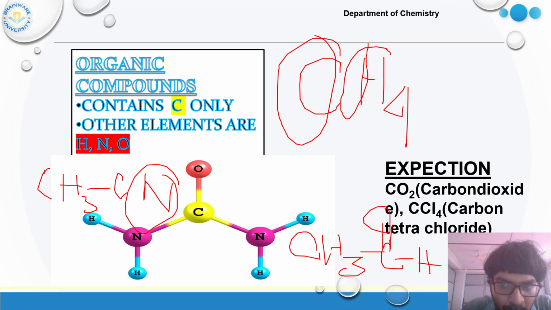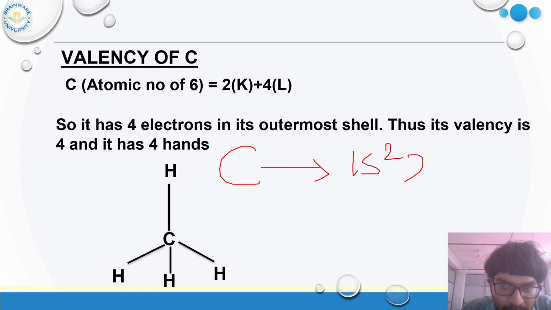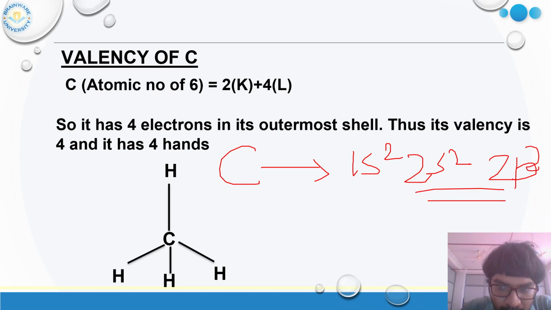Now we will have to know about the valency of carbon. Just look at this. Carbon means 1s2, 2s2, 2p2. So how many valence electrons are present in carbon? 2 plus 2 means 4. We know every atom tries to complete its outer shell.